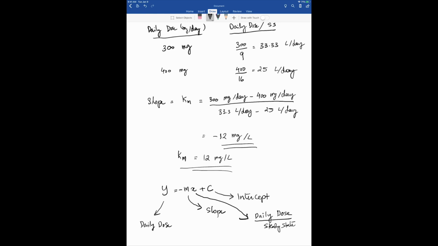The intercept, on the other hand, is defined in this model as Vm. So we can use this to actually calculate your Vm.